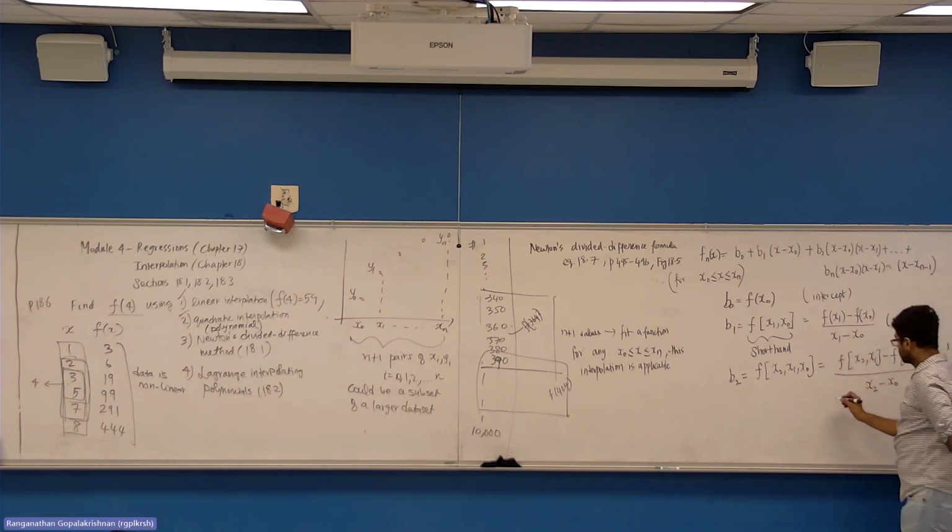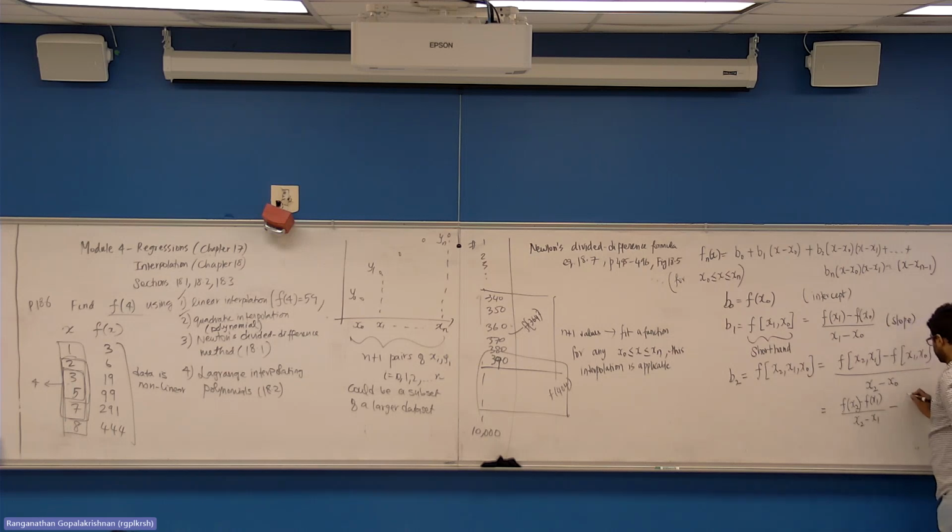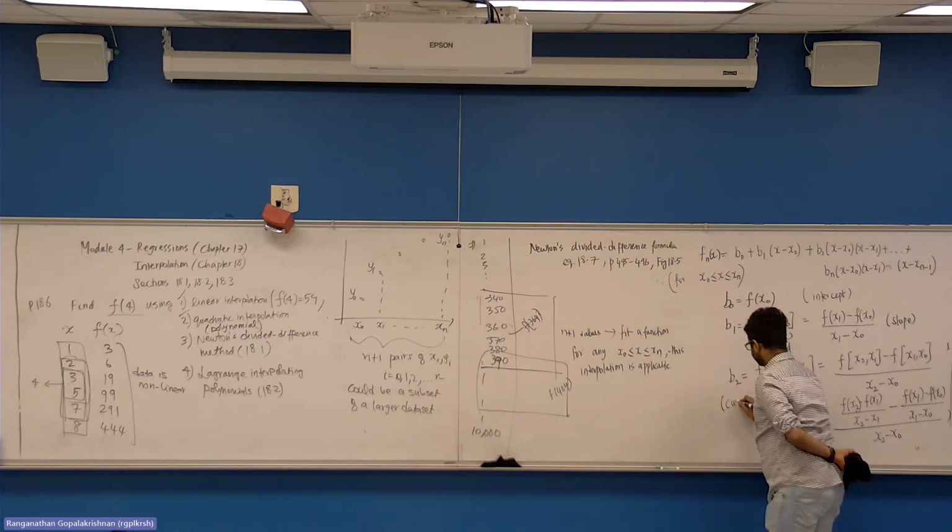If you substitute this, you're going to get f of x2 minus f of x1 divided by x2 minus x1, minus f of x1 minus f of x0 divided by x1 minus x0, the whole thing divided by x2 minus x0. Obviously, b2 is curvature.